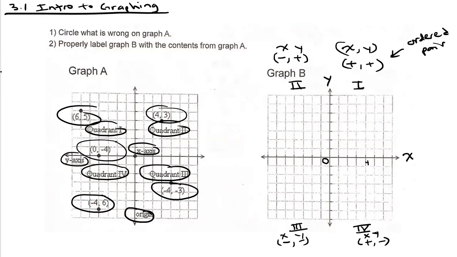Right here's 4. And then 1, 2, 3. So here's 3. So 4, 3 is right there. And then I have 6, 5. That's not where it is. 4, 5, 6, 3, 4, 5. So 6, 5 is right here.